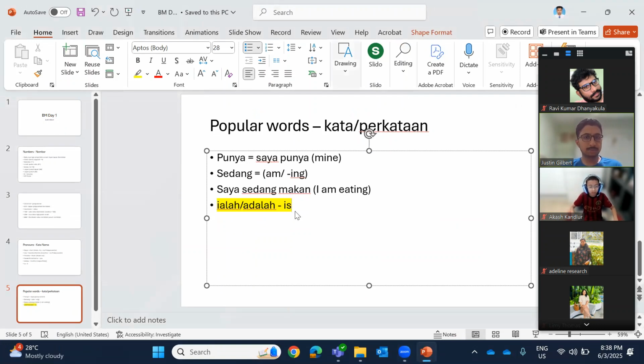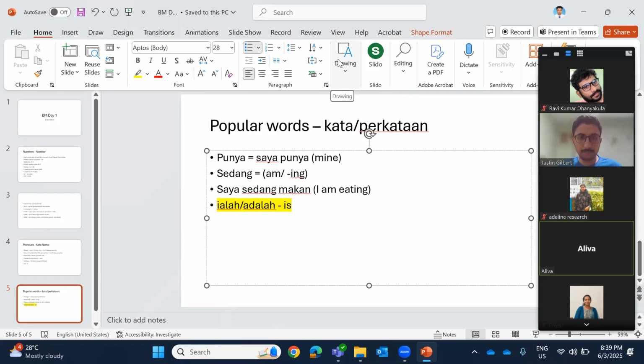I was just saying earlier, so we're just hoping to finish with some examples that ialah and adalah, although by default they mean "is", we cannot directly translate many terms from English to Malay, especially considering the usage of ialah and adalah. For example, maybe I'll let anyone try.